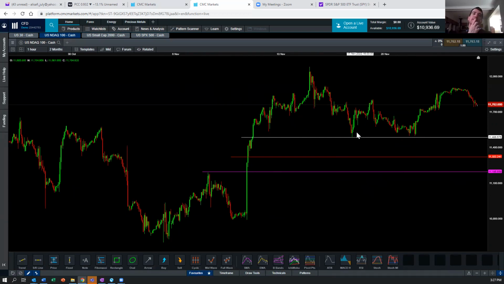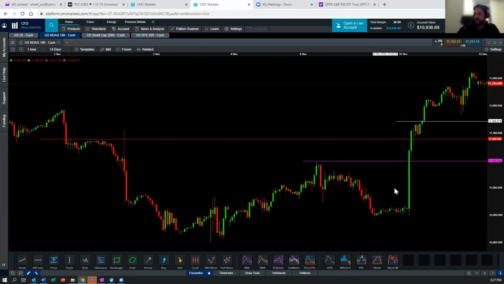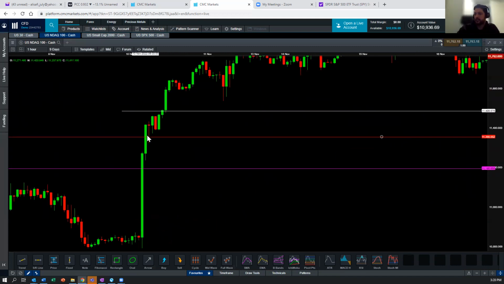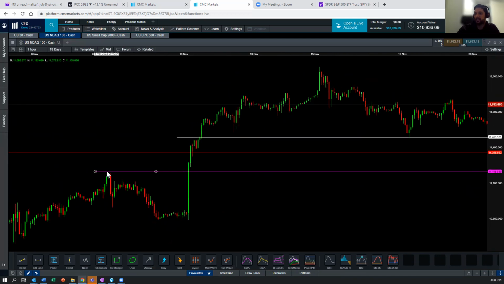TP2 would be just right there. Look at that, here's the back test to the upside. So this is TP2, especially the middle of this white range bar. And TP3 would be the top of this candle because we break it through to the upside.